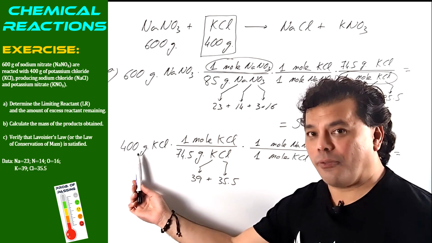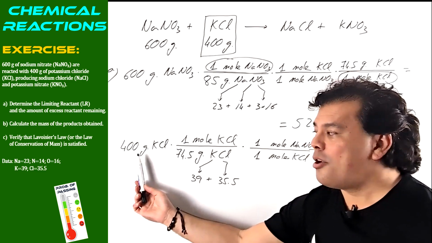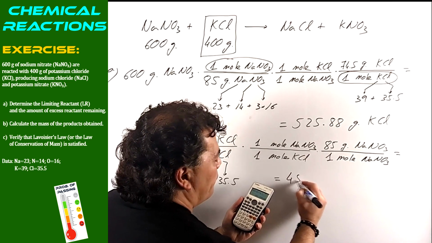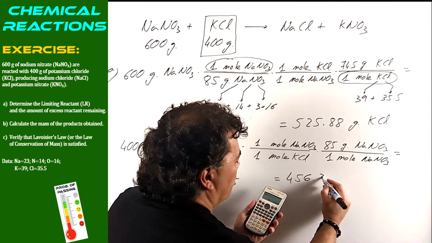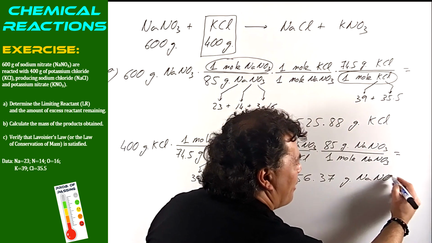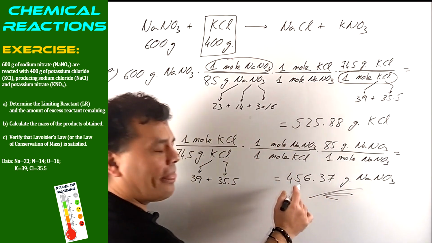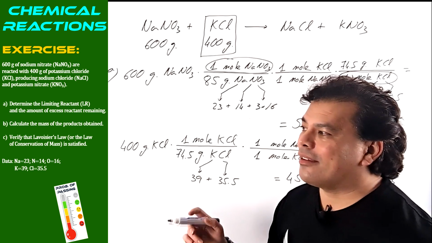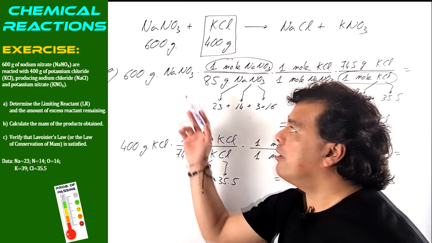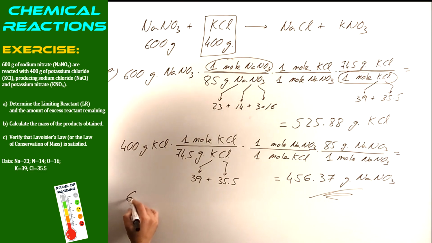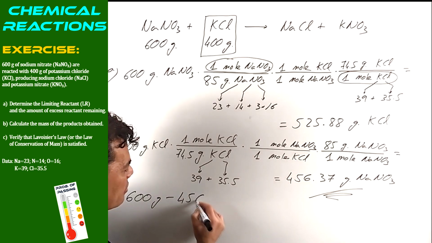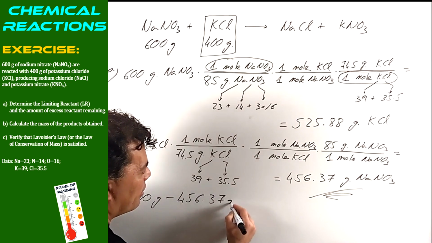So look, our 400 grams of limiting reactant will disappear, will react with 456.37 grams of sodium nitrate, okay? And finally, in order to calculate the amount of excess reactant remaining, we are just doing 600 grams minus 456.37.